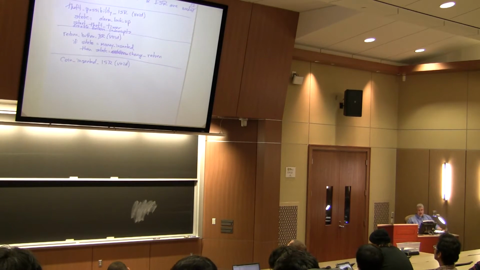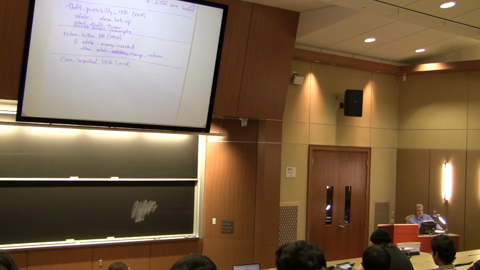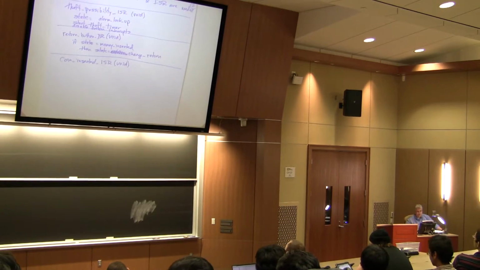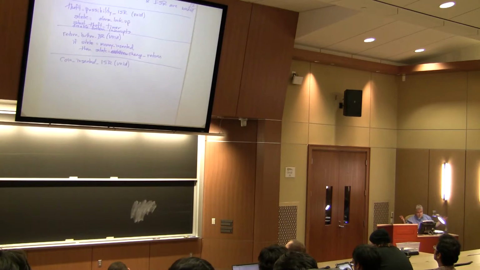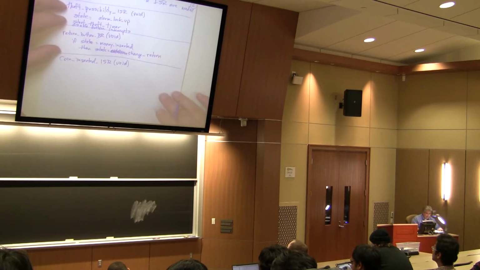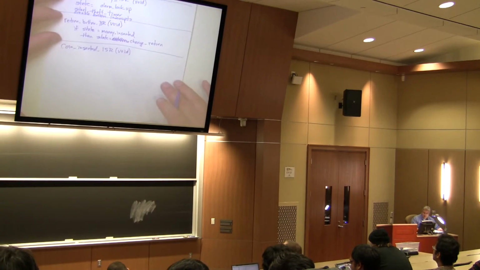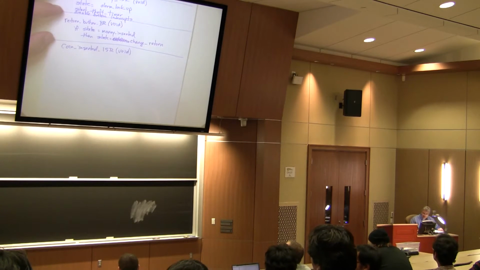Everybody knows why an ISR is void, right? Because it's not a called function from another C function. So there will never be anything you pass into it. Everything is going to have to be observed from out there. So coin inserted.